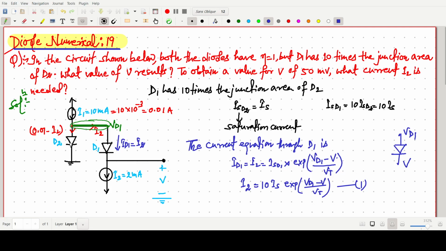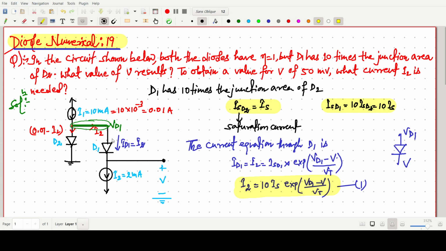So if the reverse saturation current of D2 is IS, the reverse saturation current will be 10 times of IS for diode D1.